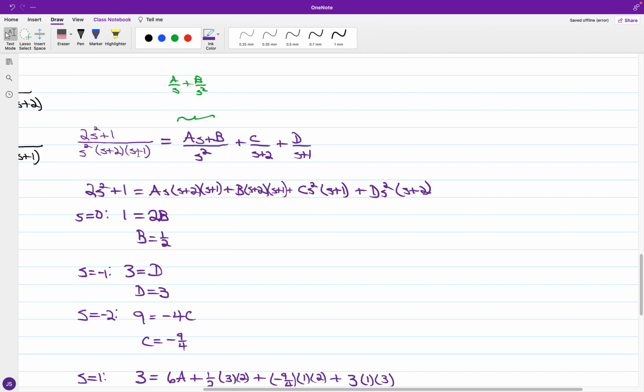Okay, and then we have c over s plus 2 plus d over s plus 1, and if we multiply everything out by s squared, s plus 2 and s plus 1, we got this particular setup.